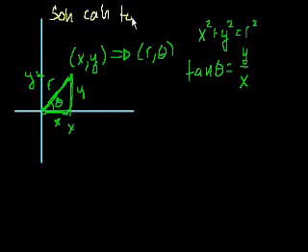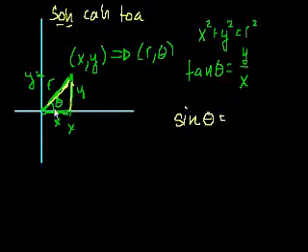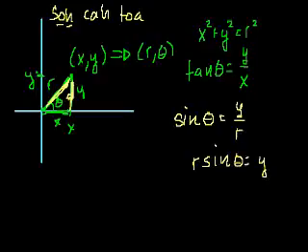So what deals with the opposite and the hypotenuse? Sine. So the sine of theta is equal to the opposite, which is y, over the hypotenuse, which is r. And so if you multiply both sides by r, you get what? R sine theta is equal to y.